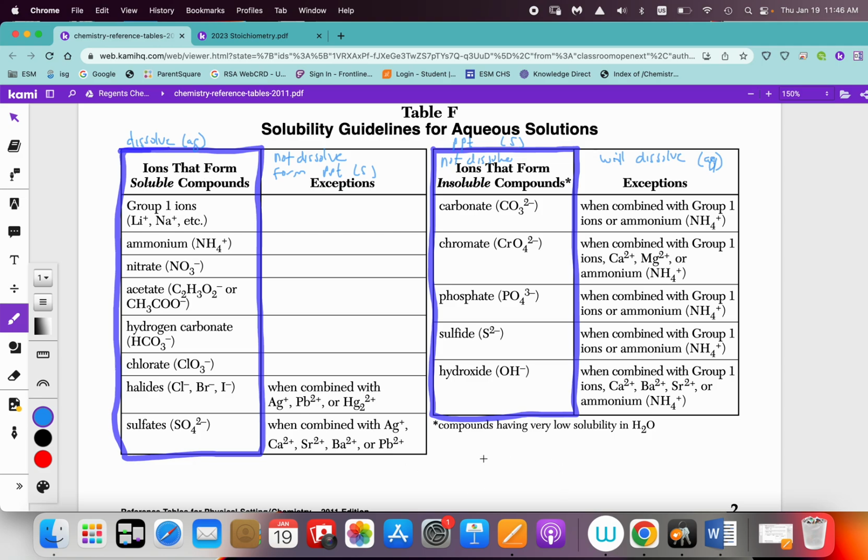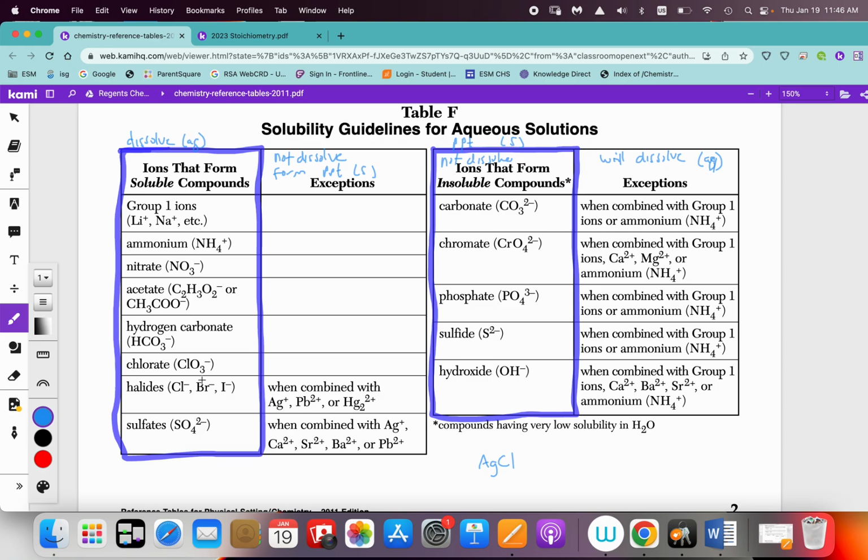My compound right now is AgCl, the first one. So Ag, do I see it in the highlighted blue column of the first little table? I do not see it. Then I move over to the other blue highlighted column. Do I find Ag there? I don't.